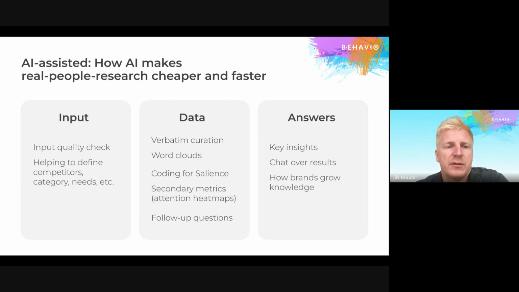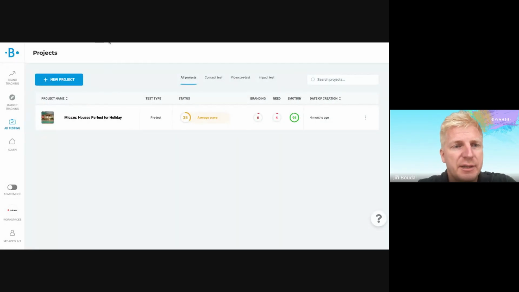So basically, as I've said, we believe that you can check for most of the possible mistakes and the big important decisions on whether the brand ad will bring sales and growth by those three things: brand tracking, market tracking, and ad testing. So you have this all-in-one platform. Here you basically upload any creative at any stage. Sorry, I wasn't sharing that, but I am now.